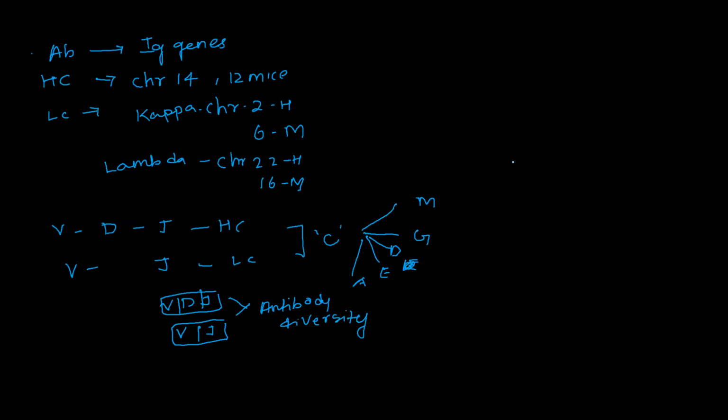And we mentioned the 3 Ig loci. For heavy chain, it is 1. In the case of light chain, it is 2.